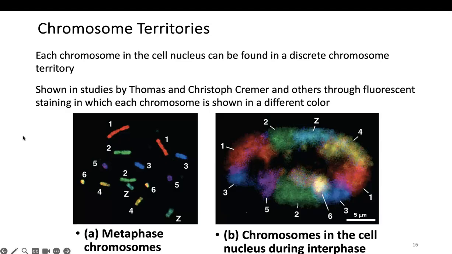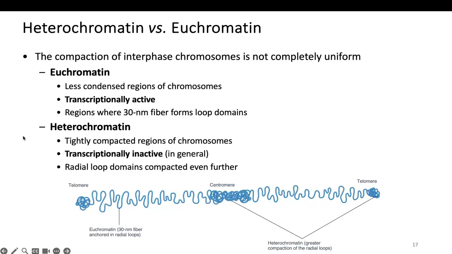Here, we see on the left the metaphase chromosomes, and on the right the interphase chromosome territories for a chicken. This wonderfully illustrates the localization of specific chromosomes in specific spots along the inside of the nuclear membrane.